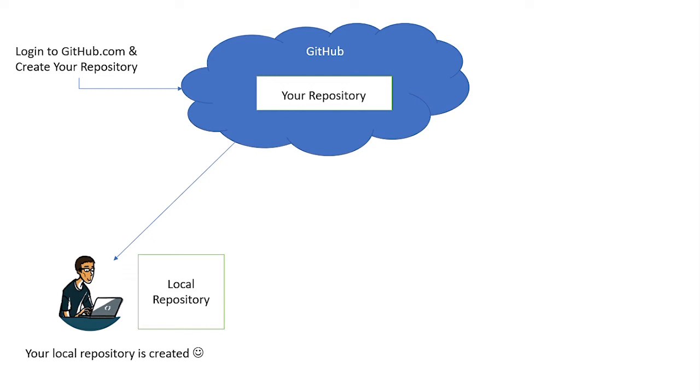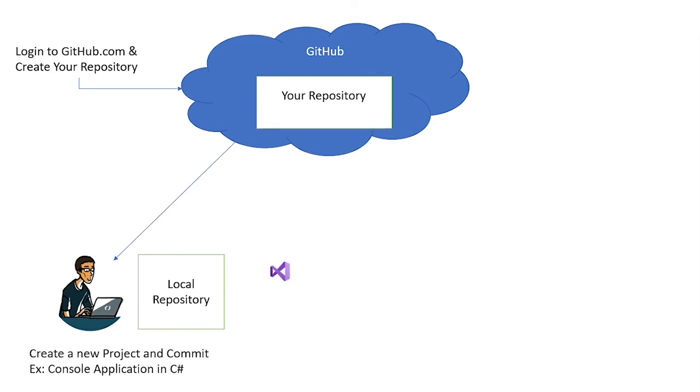Now, as I mentioned, this local repository is nothing but the local storage, which is a replica of your remote repository. Any file you add to the local repository, in other words, D drive local path in this example, that will be tracked in the local repository. So for example, in my case, I may go ahead and then create a new project called console application.